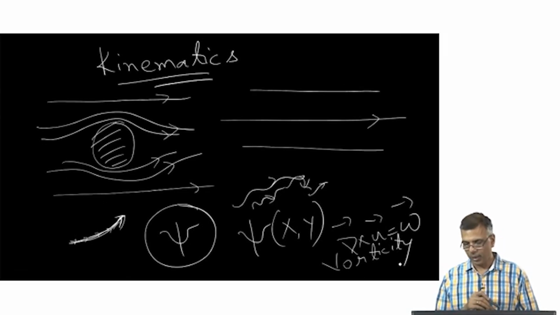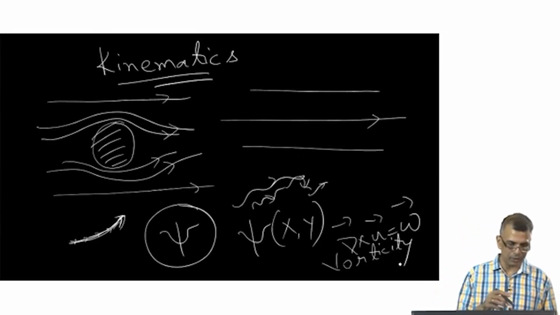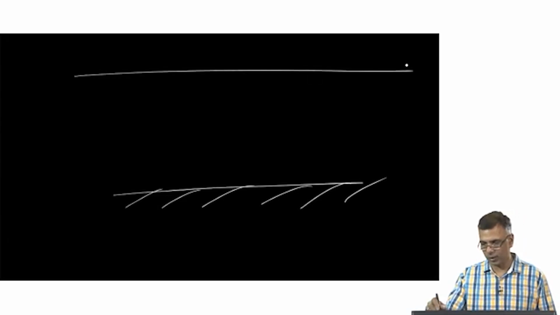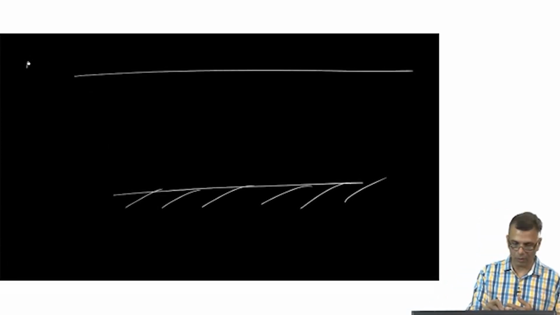That tells you how rotational or irrotational the flow is. To demonstrate what that means, suppose you have a viscous flow. Here is the bounding surface, and here is a free surface of the fluid.